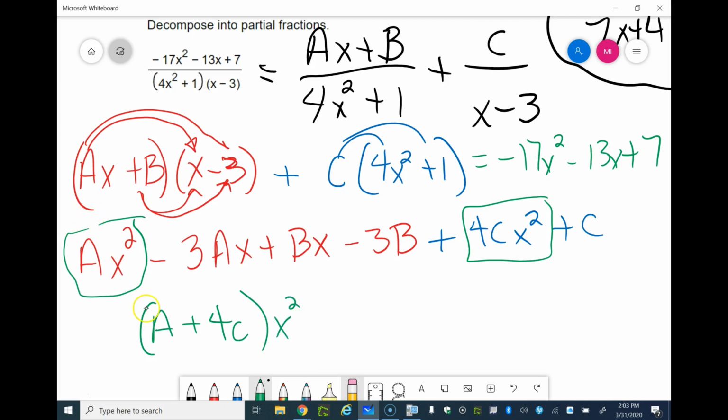Just to recap, if you take this x squared and multiply it to this a, do you agree you get this ax squared? If you multiply this to this 4c, you get this 4cx squared here. So all I'm doing is combining these two, but I pulled out an x squared, put it on the outside, and left just the part that's supposed to be left over on the inside.